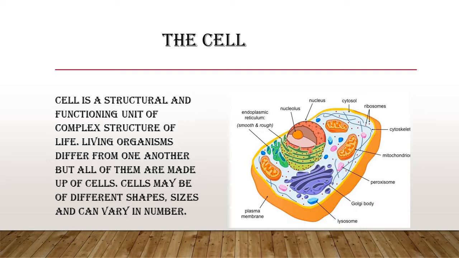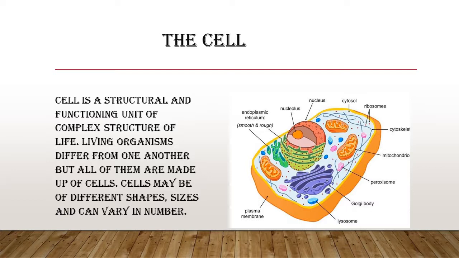So what is the difference? The number of cells may differ, but the basic structure of the cell is exactly the same. They will have similar components, but the number, shapes and sizes of the cells may change. The basic structure will always remain the same.